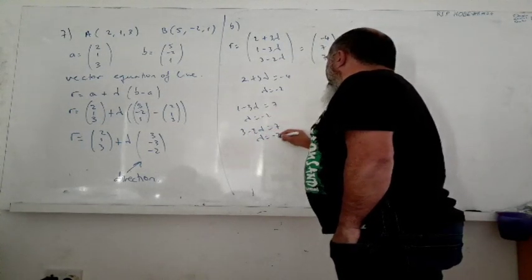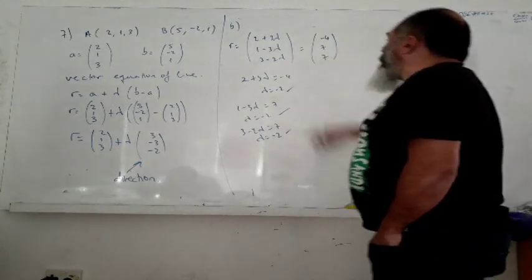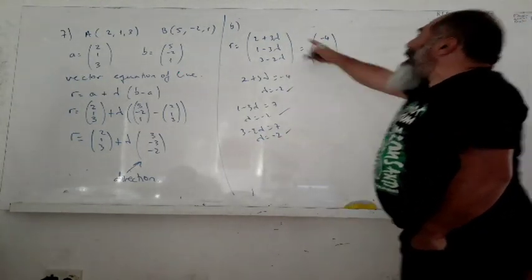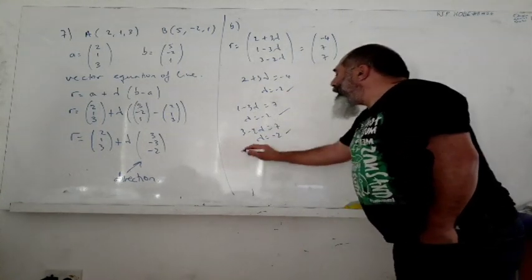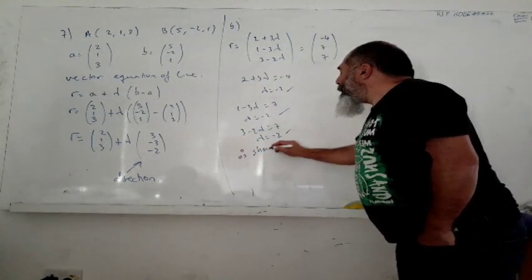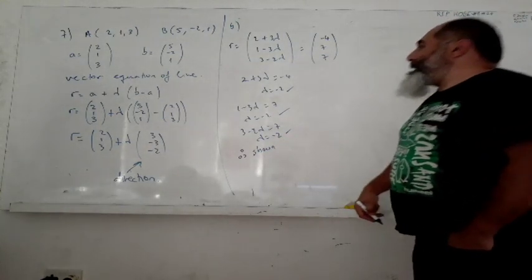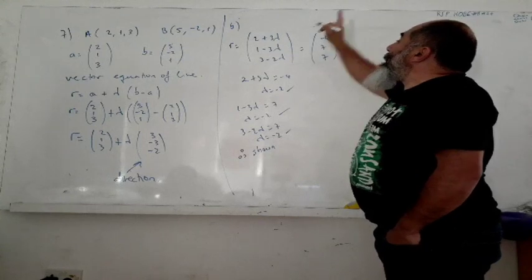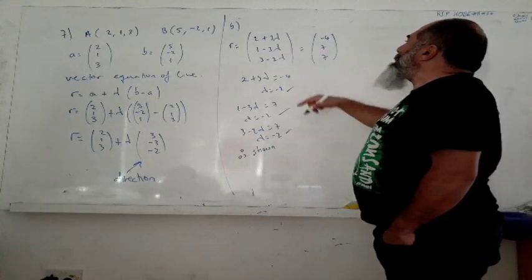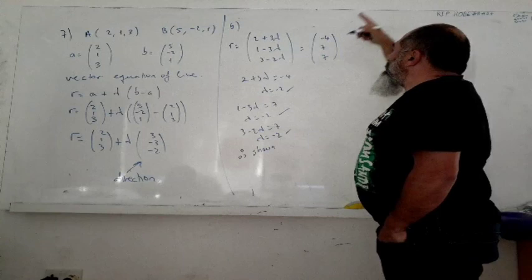So as you see, for each equation, lambda is minus 2, therefore shown. Or you can say that when lambda is minus 2, line L passes through the point minus 4, 7, and 7.